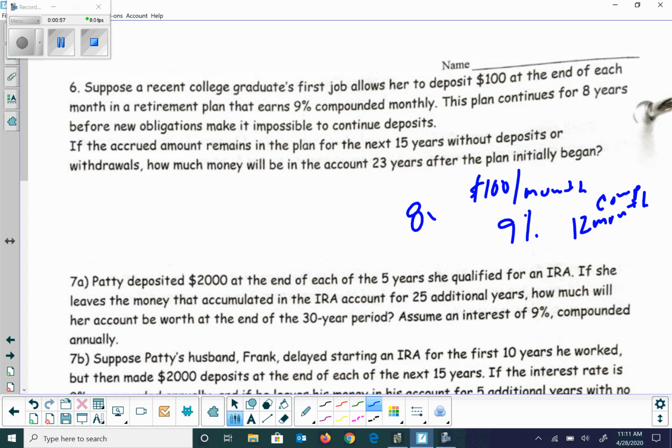So it goes for 8 years doing this exact same plan. But she remains in the plan for 15 years without any more deposits. So 15 more years, putting nothing in. How much will she have in the account after 23 years? Okay, so 23 years total.